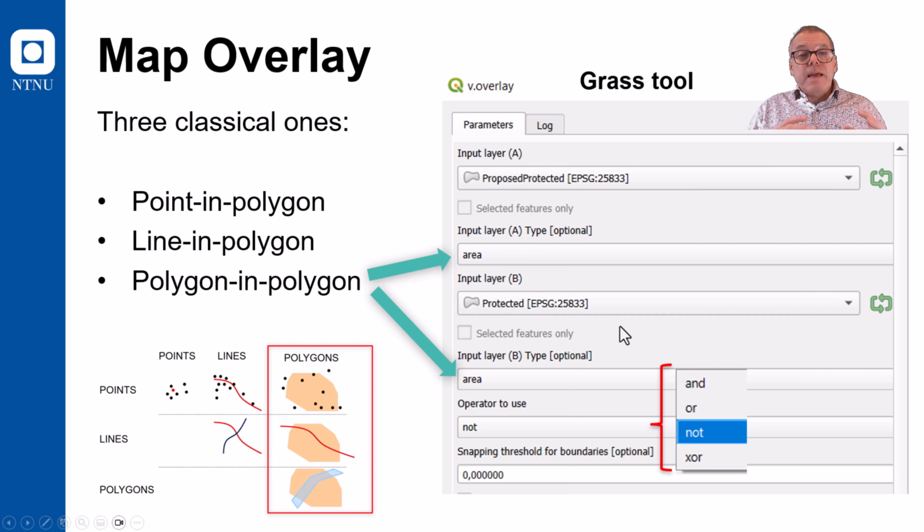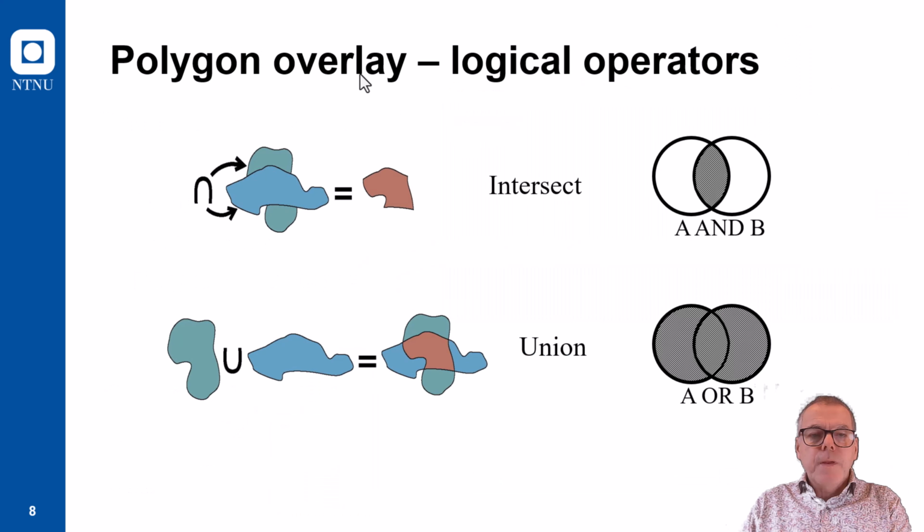What also becomes evident from the GRASS tool overlay is that the logical operators, just as they were central to queries, are also central to overlay methodology. So two examples of logical operators are the AND operator and the OR operator.